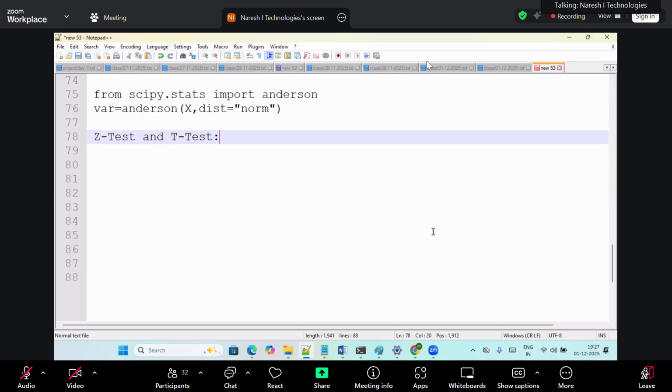There might be chances that the AD test shows it's a normal Gaussian, and KS says it is not Gaussian. So whatever result you are getting, based on that you need to do the analysis, guys. That is nothing but statistical analysis, because this is not about prediction. We are not predicting anything here right now. We are just doing the analysis to understand the data in a better way.